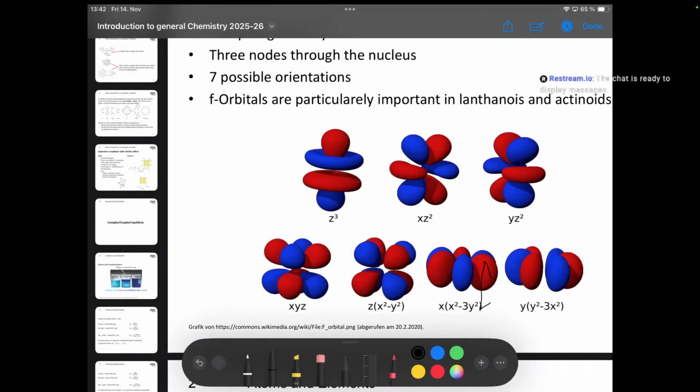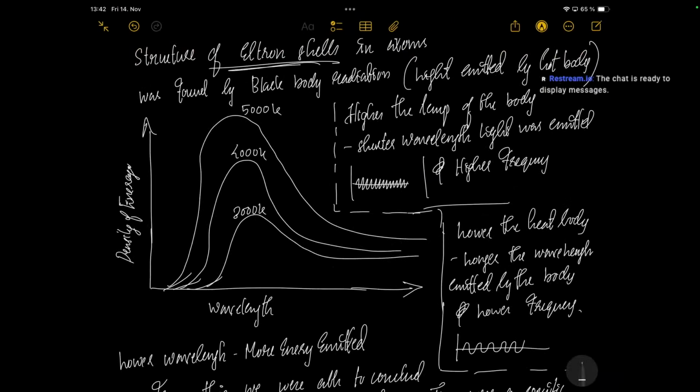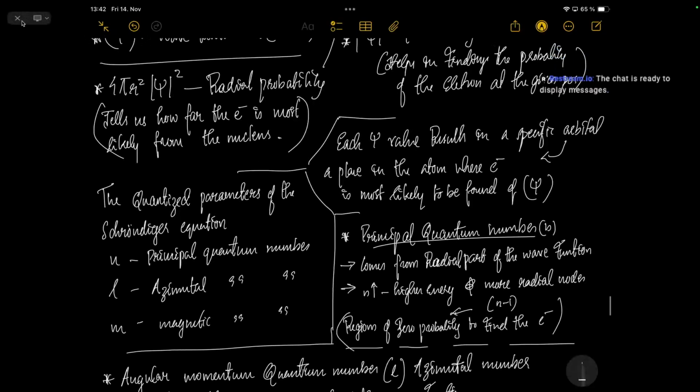Oh, bro, I wish I could draw the f orbital, but it's a more three-dimensional shape. Well, that's basically the orbitals.